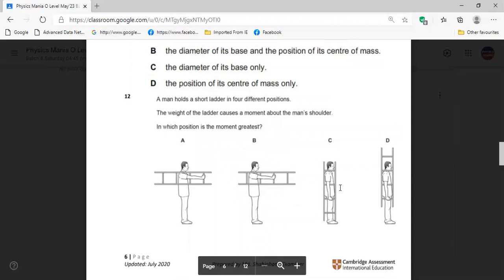Next, a man holds a short ladder in different positions. The weight of the ladder causes a moment in the man's shoulder.